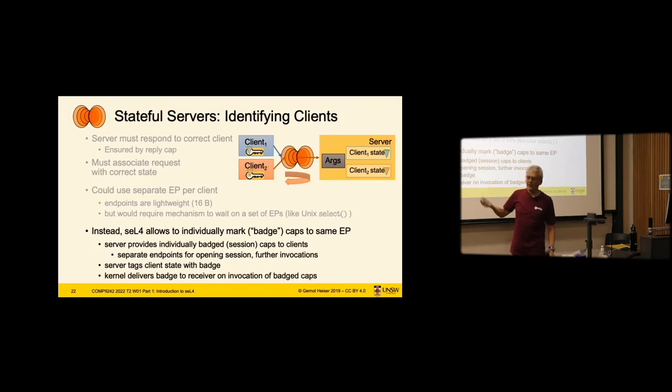And if the other client invokes it, it does the same thing, etc. So this is basically the way you can have a stateful server with just a single endpoint, and that's almost certainly what you'll be using for your operating system. The operating system is basically a server that serves multiple clients, and it's obviously stateful, and so needs to identify the state that belongs to the client that just invoked it.